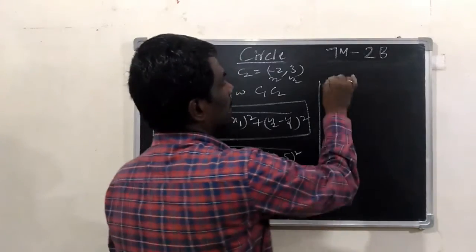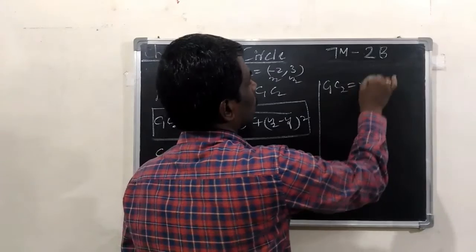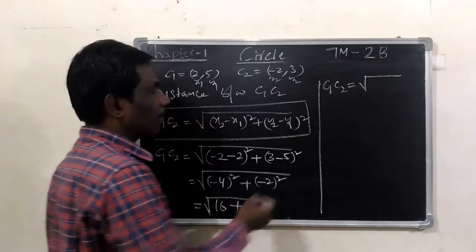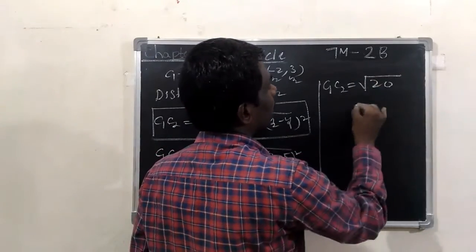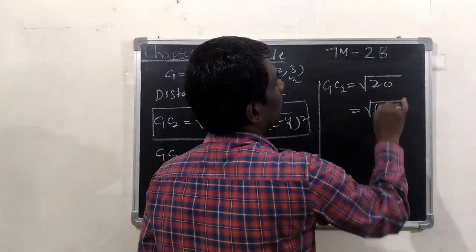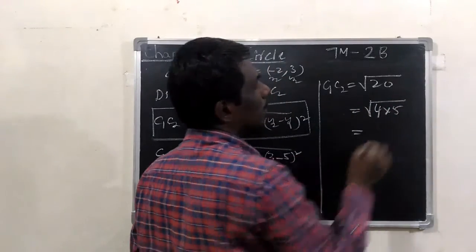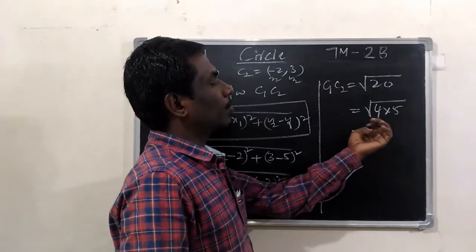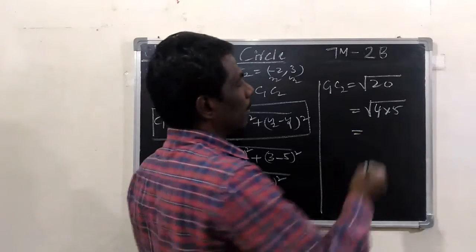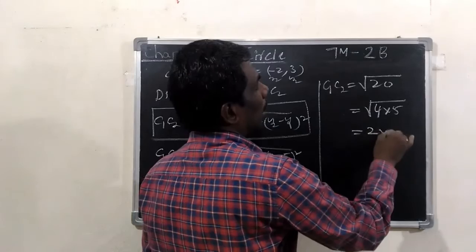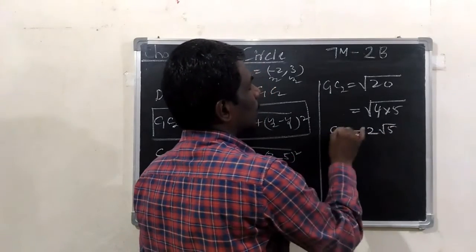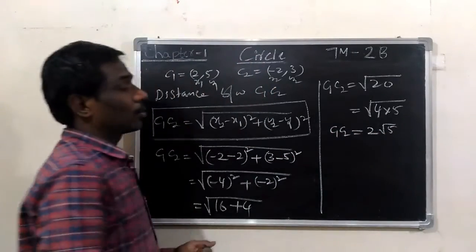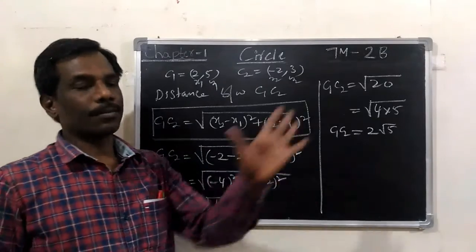So C1C2 equals root of 16 plus 4, which is root 20. We can write 20 as 4 times 5. Taking the root separately for 4 and 5, root 4 is 2, and root 5 remains. So C1C2, the distance between the two centers, is 2 root 5.